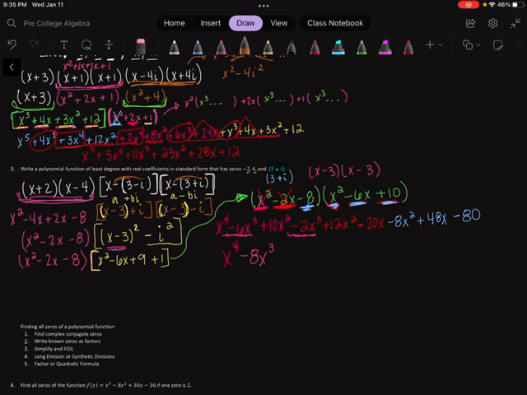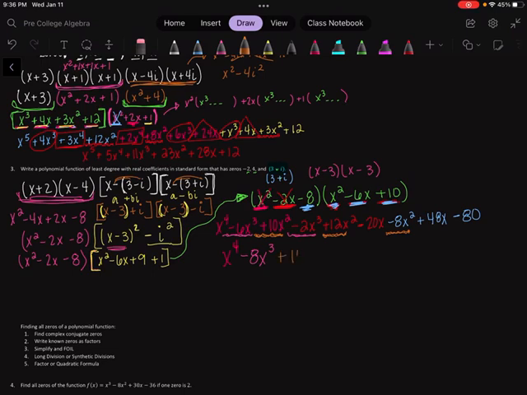Now I need the squares. So this guy, 10x squared plus 12x squared minus 8x squared. So that's 22 minus 8, which is 14.